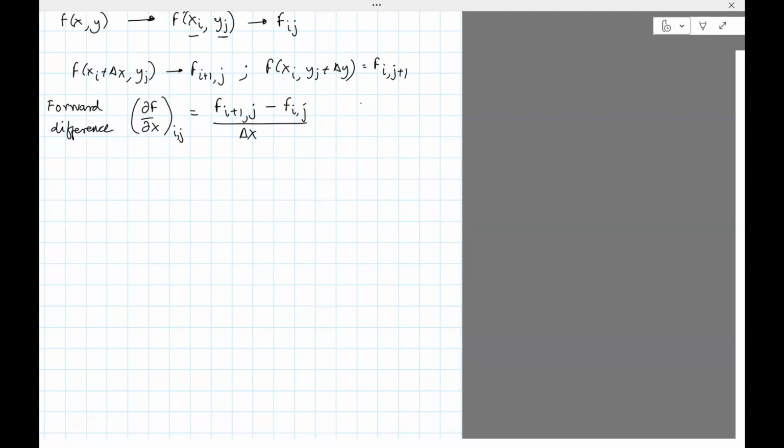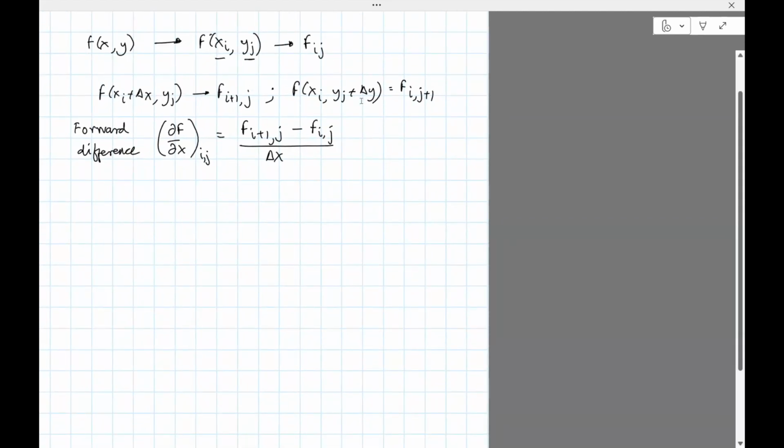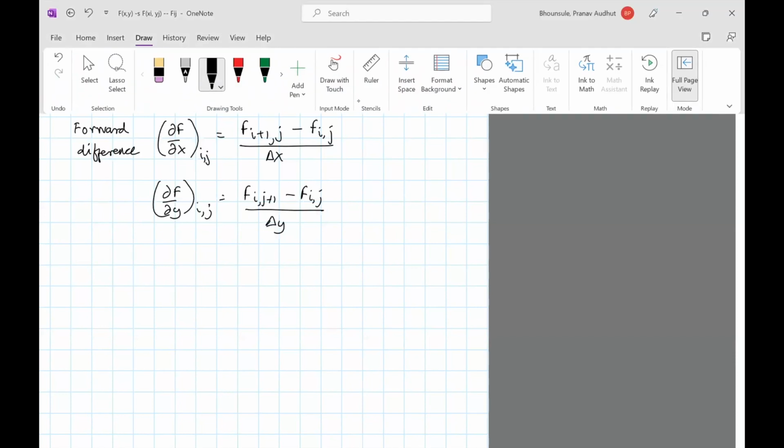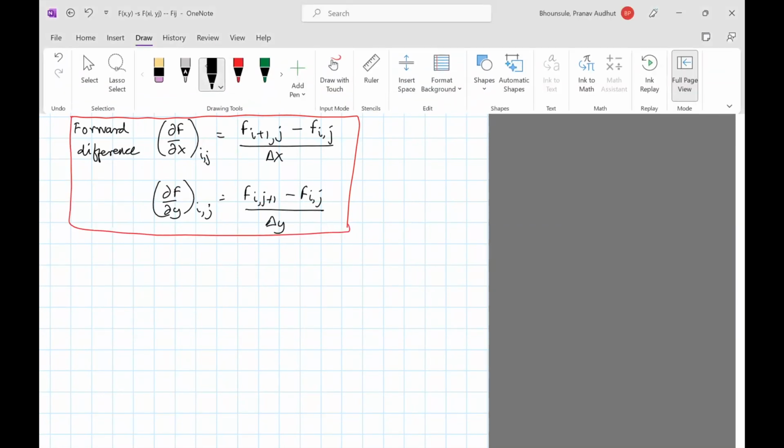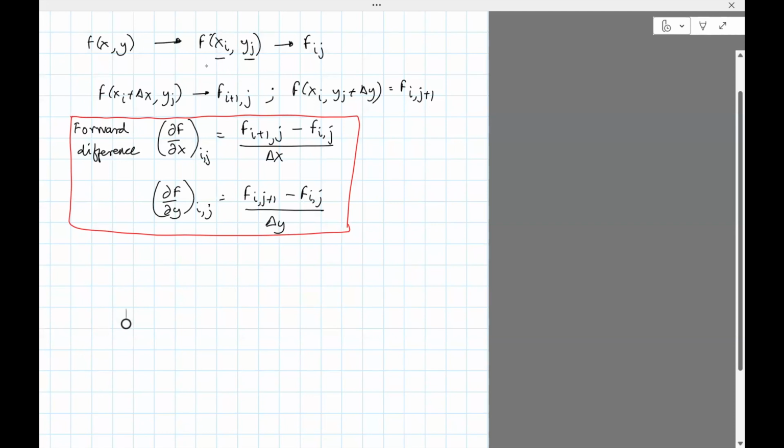So you perturb the value of y and perturb the value of x. So forward difference is that for x, and you can write the forward difference for y: F i, j plus 1 minus Fij, and remember it's the perturbation in y. Okay, forward difference. We can do the same thing for backward difference.